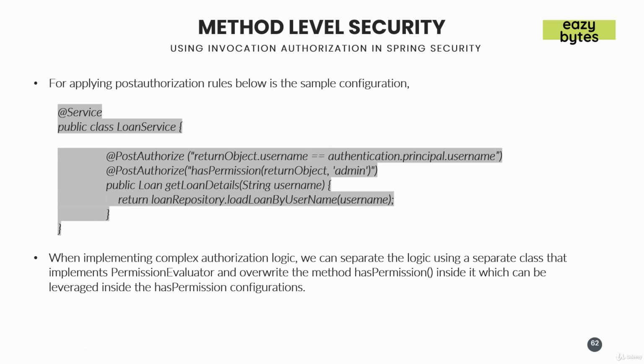Whenever you use hasPermission, the logic that you have written inside your permission evaluator implementation class will be executed to decide whether the given person or client is authorized to invoke that method or is authorized to get the results from the method, whenever you use @PreAuthorize and @PostAuthorize annotations.